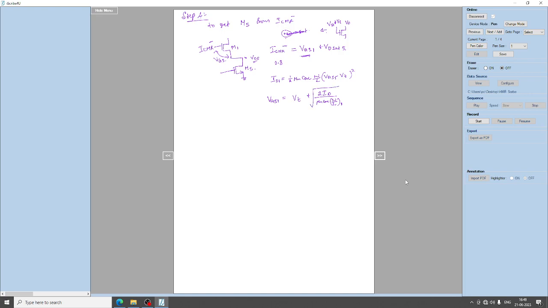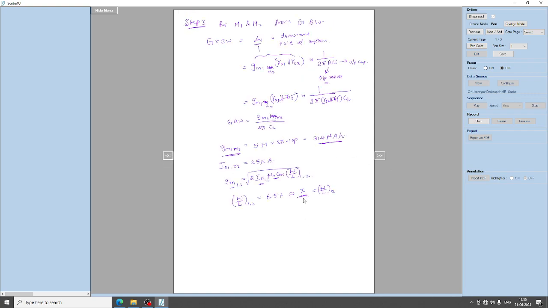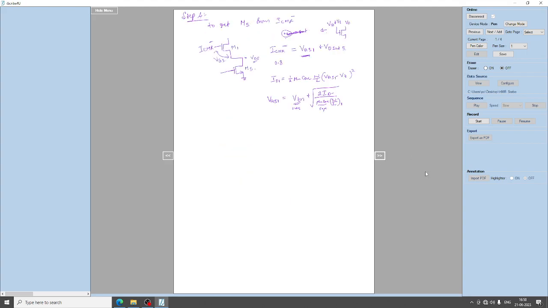So substituting the threshold voltage of the NMOS transistor, which is 0.45, ID 25 microamps, mu n COX 60 microamps per volt square, and W by L of M1, which is 7, we get VGS1 as approximately 0.56 volts, which you can approximate as 0.6 volt.